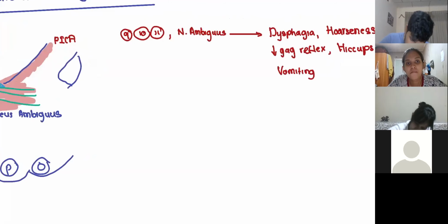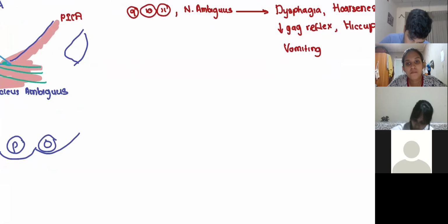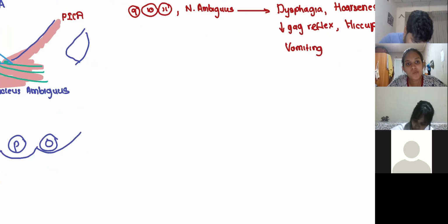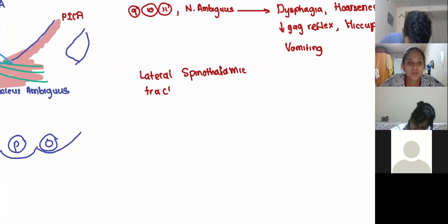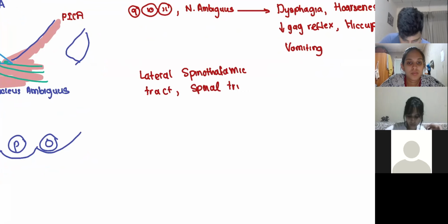So in addition, the patient will have damage to the spinothalamic tract and spinal trigeminal nucleus.